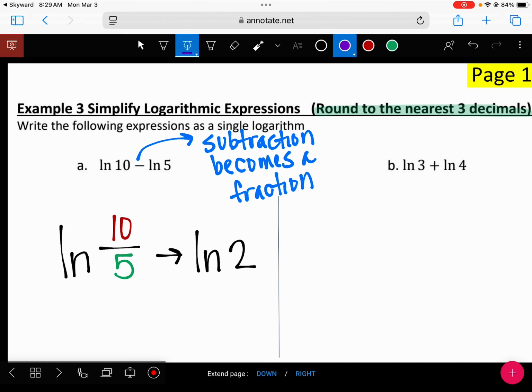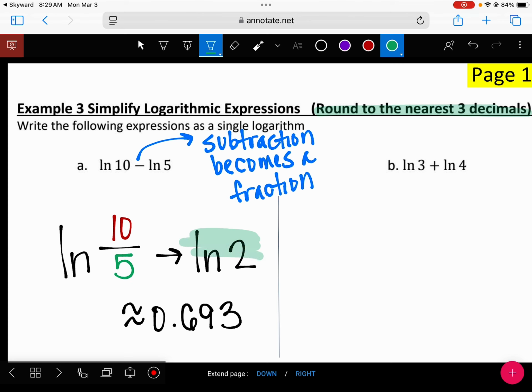And if we only list the 3 numbers after the decimal, you should have that it's approximately equal to 0.693. And that would be your answer. So both of these are actually the answer. This is an answer. This is the second part.